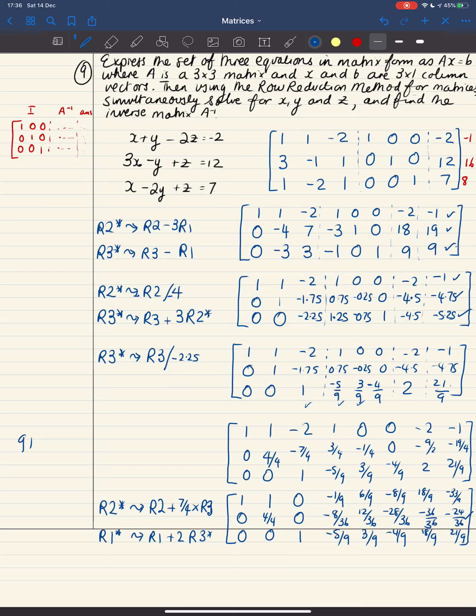So we get 9 plus 9 minus 1 plus 6 minus 8, minus 2, minus 8, minus 18, plus 18, just check that one.